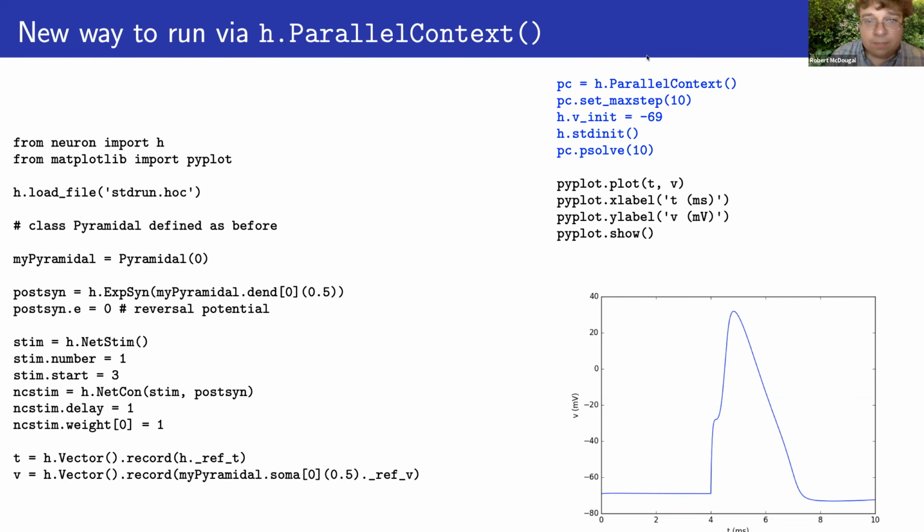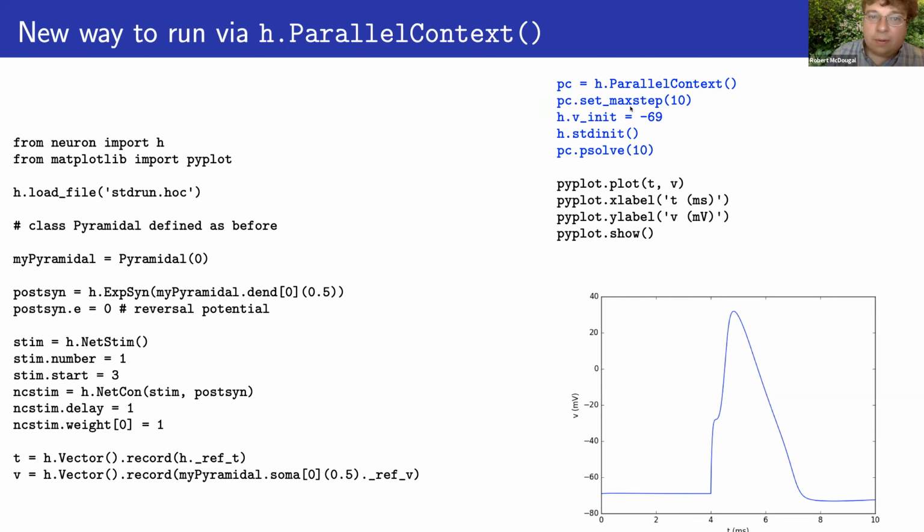We record, but now when it comes to running, we're not going to use finitialize, and we're not going to use continuerun. Instead, we're going to go ahead and construct what's known as a parallel context object. pc is h.ParallelContext. And basically, most everything that you're doing in Neuron that involves parallelizing a simulation is done through a parallel context object.